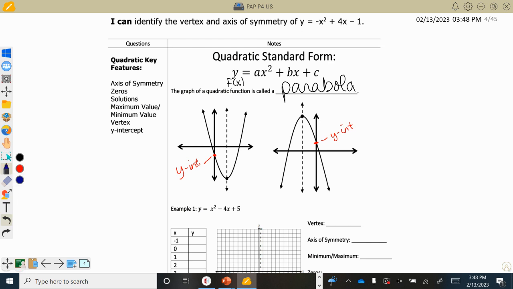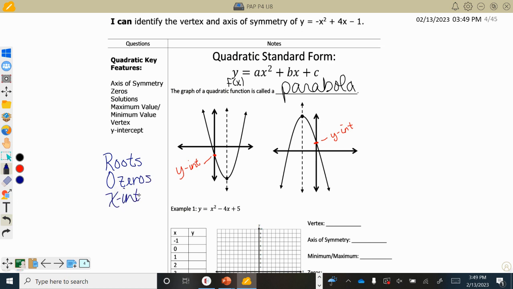Then we also have the x-intercepts. Now, when we talked about solving quadratic equations, we called the x-intercepts roots, zeros, x-intercepts, and solutions. We use ROCKS to kind of remember all of those. Okay? So it's still wherever they cross the x-axis.